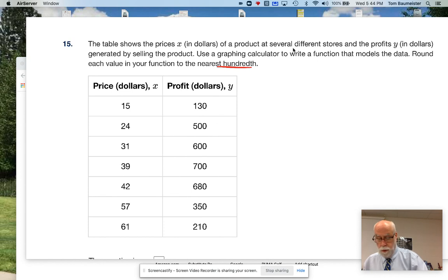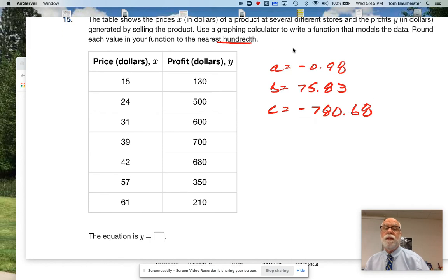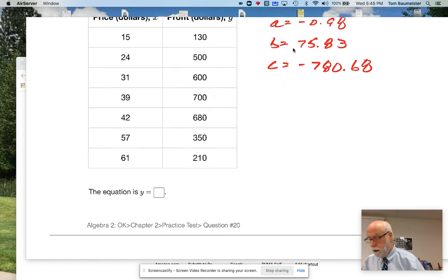So again, using the regression, we got A is equal to negative 0.98. Then we got B was equal to 75.83. And C was equal to negative 780.68. So all of them, they said to round to the nearest hundredth. So there's our equation.